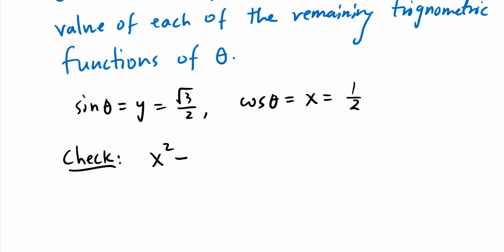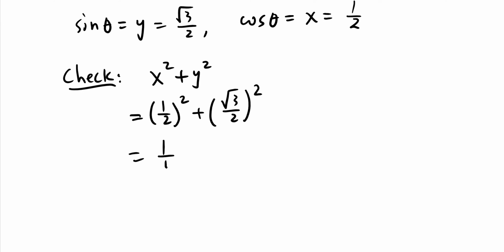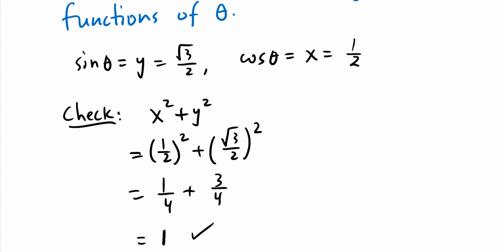So we find x squared plus y squared and see if we get 1 or not. Well, x is 1/2 squared. Y is root 3 over 2 squared. That gives us 1/4, and that gives us 3 over 4. That's 4 over 4, which is 1. So that confirms we are working on the unit circle.